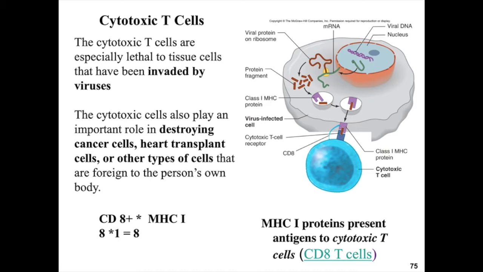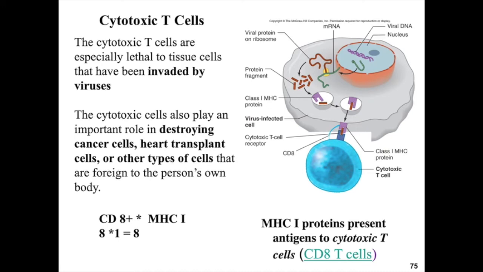So the cell can be either infected, it can even be a cancer cell, or a cell that for whatever reason changed, such as changes that occur through aging. But the most classic example is the viral infection. So viruses need cells. The virus controls the cell to a certain extent, and there are viral proteins that are being produced.